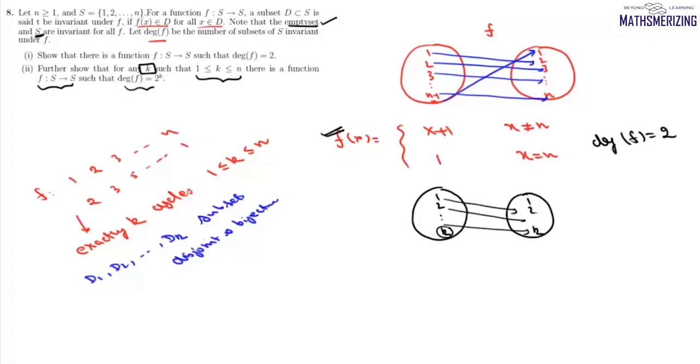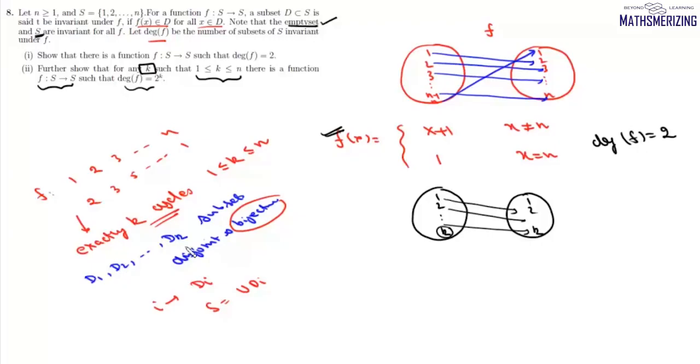So this function f is a bijective function and it has exactly k cycles. Now the condition we have taken is that the ith cycle corresponds to an invariant subset Di in such a way that S is a union of all Di's, and all these Di's are pairwise disjoint.